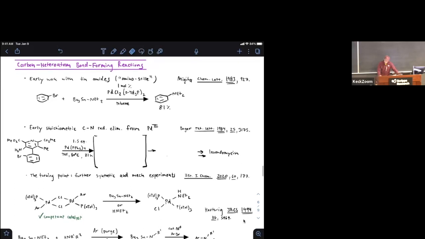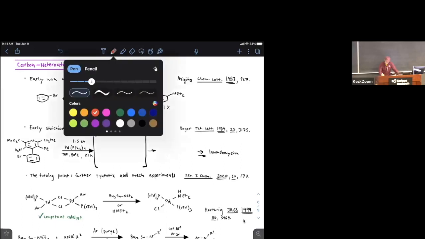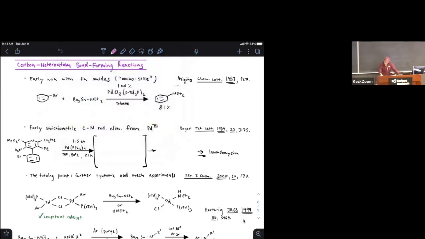As early as the 1980s, the potential power and utility of C-heteroatom bond formation at palladium along a palladium 0-2 redox couple was appreciated, and there were important contributions by the lab of Migita, and you'll of course recognize this name from the Migita-Stille reaction.